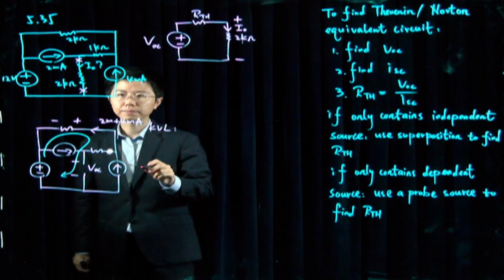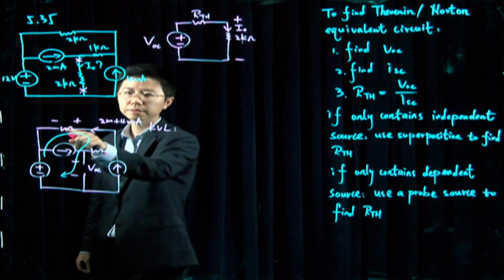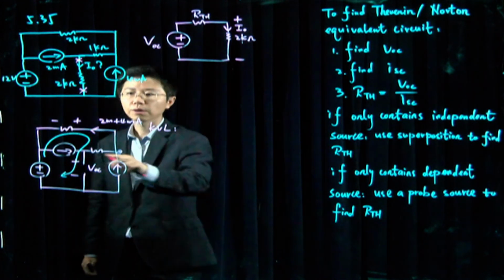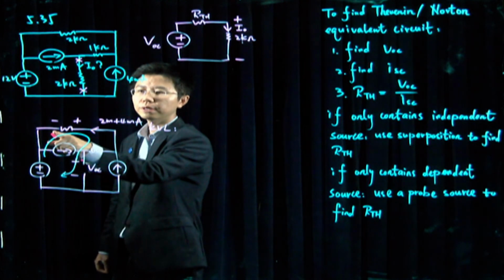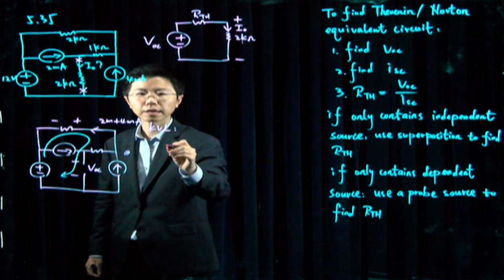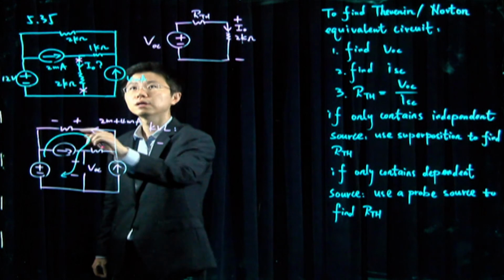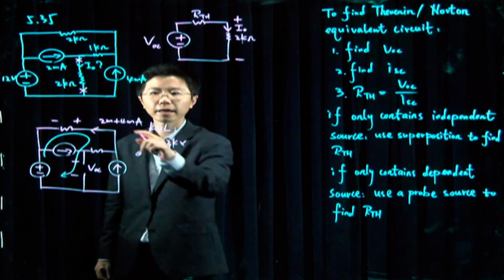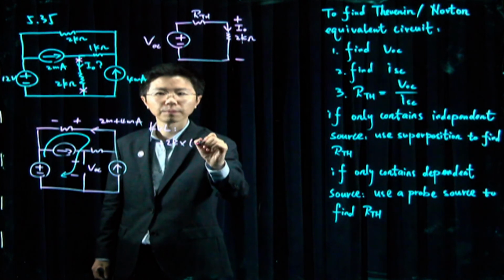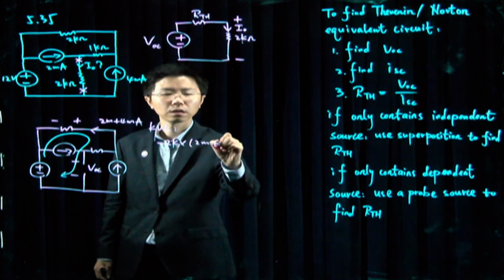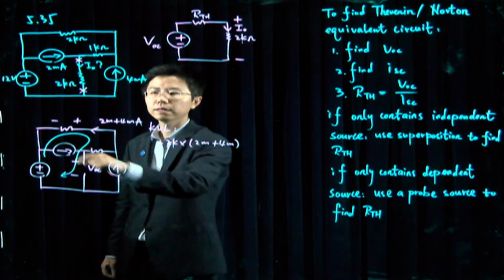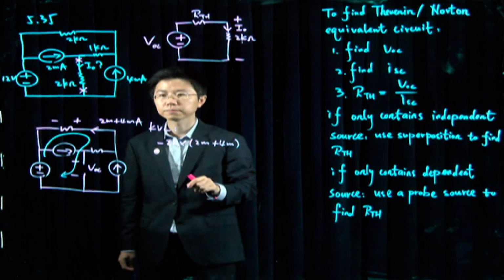If I'm examining my top resistor, my reference direction is entering the negative terminal. So this is actually negative resistance 2K multiplied by the sum of my currents here. Maybe I'll write it out. So this is the voltage across my resistor on top.